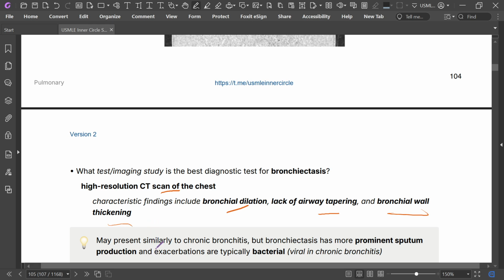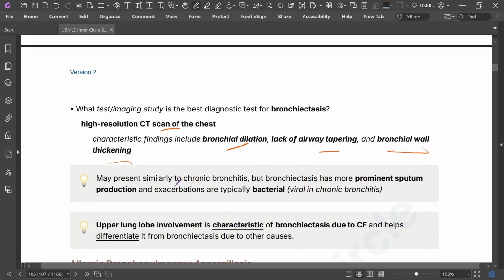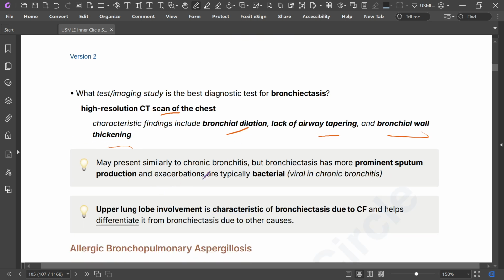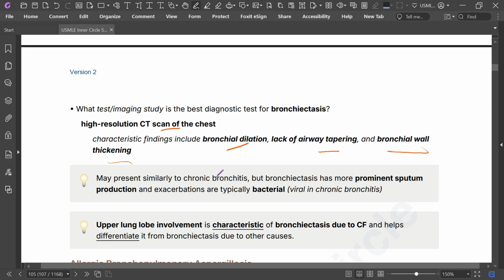Bronchial dilatation, air trapping, and bronchial wall thickening may present similarly to chronic bronchitis, but bronchiectasis has more prominent symptoms.